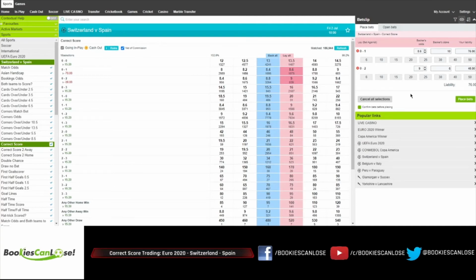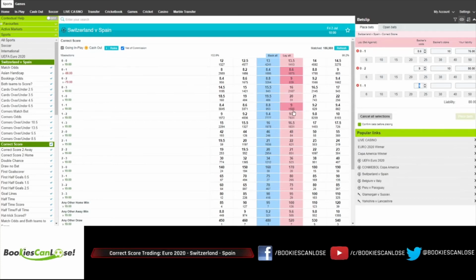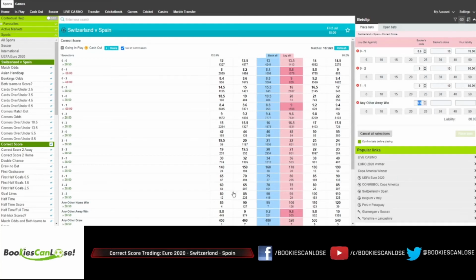So if you do this, I will use level stakes. So you're looking at 66 and 70 and 19 to win. Again, not ideal, but you can also say that it won't be 1-1, and Spain will not demolish Switzerland, so they won't score 4.